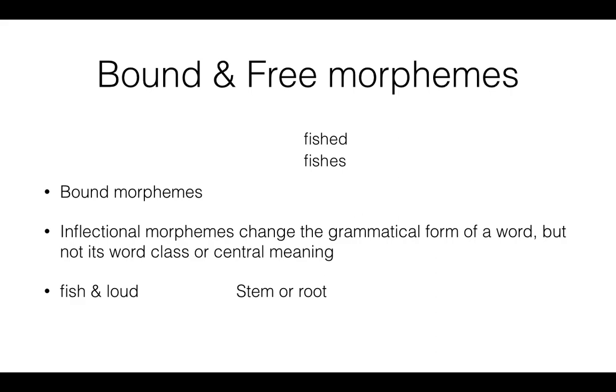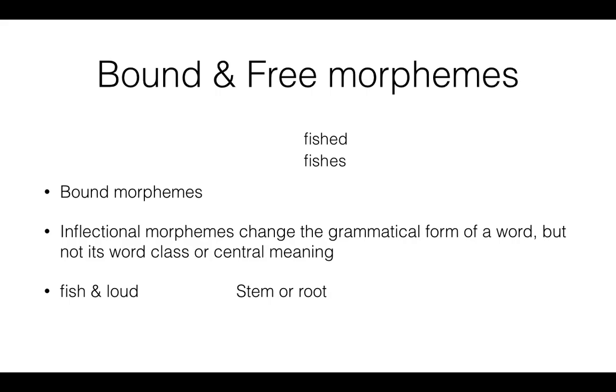You see? It keeps the same word, but just gives it some kind of grammatical meaning. So when we add ed to fish, it adds the grammatical meaning of past tense. And when we put s or es, it adds the grammatical meaning that we are talking about he or she. So it's an inflectional morpheme.